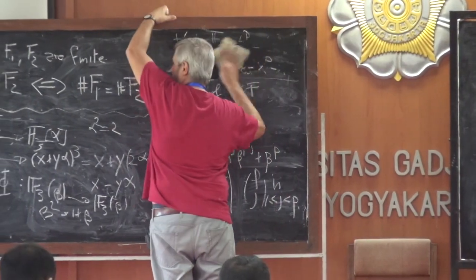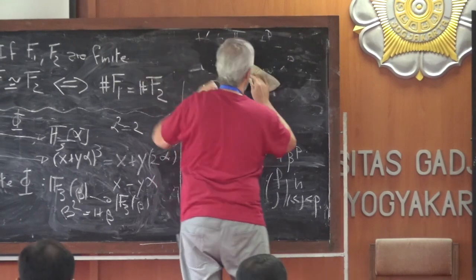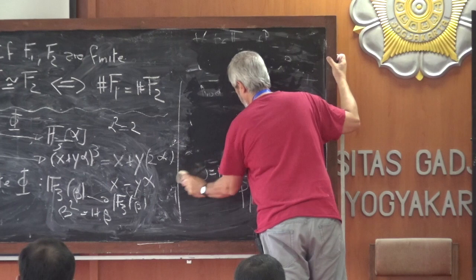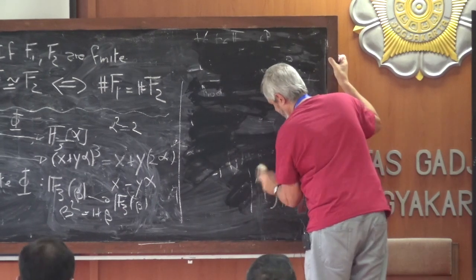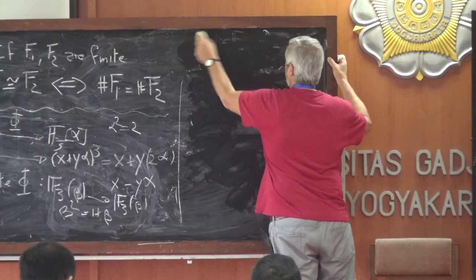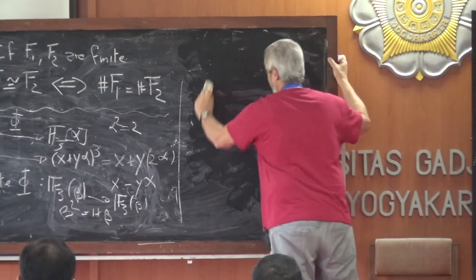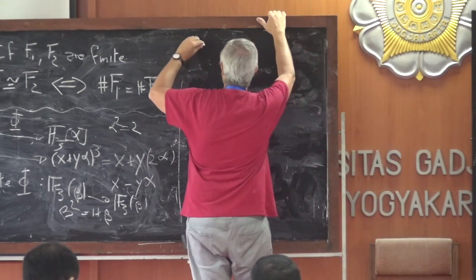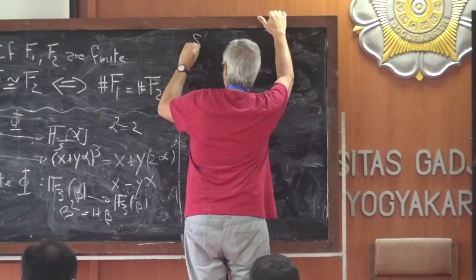But now we want to discuss this important result regarding finite fields, that basically there is only one isomorphism class of finite fields for every order. And so to do that, we need to discuss the notion of splitting field.